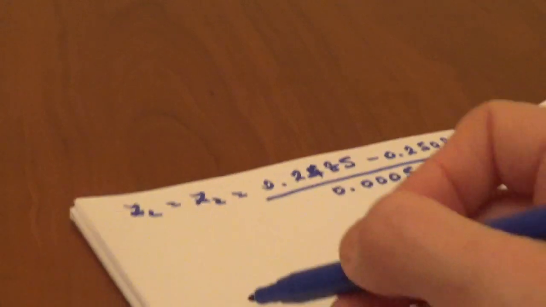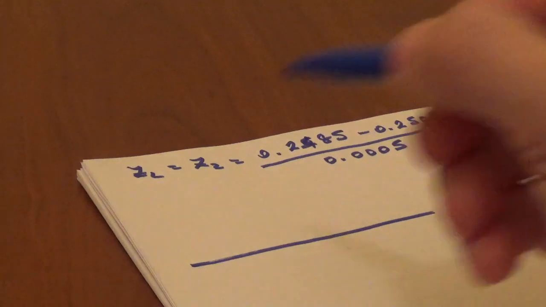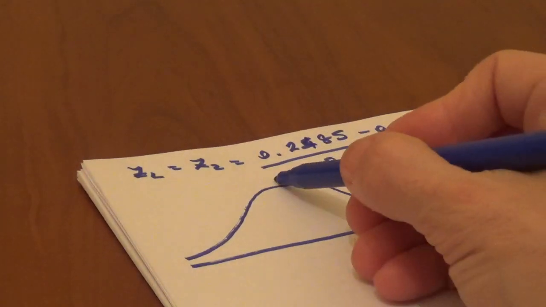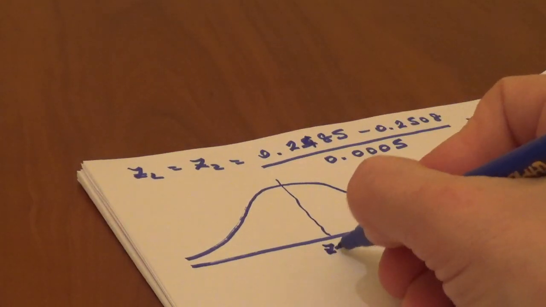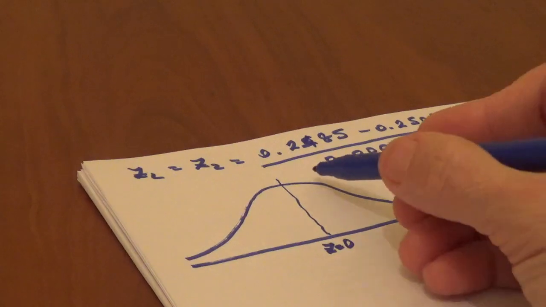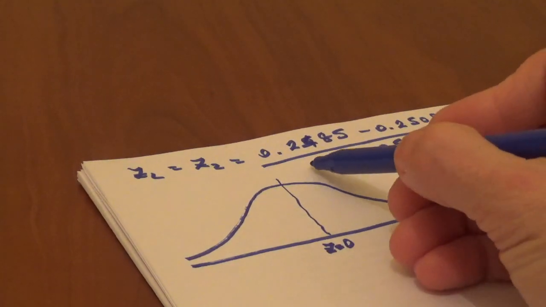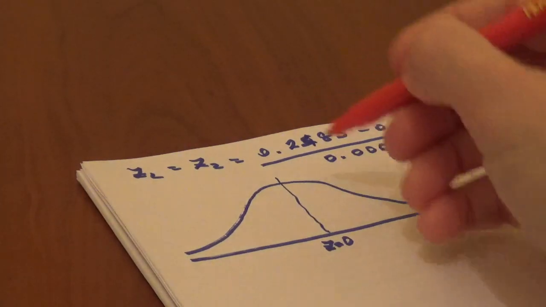So let's draw the diagram again to visualize the area under the curve. So here at the target, our Z is 0. On the right hand side, our value is 1.4. So let's draw it like this.